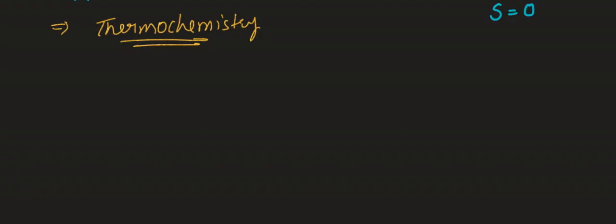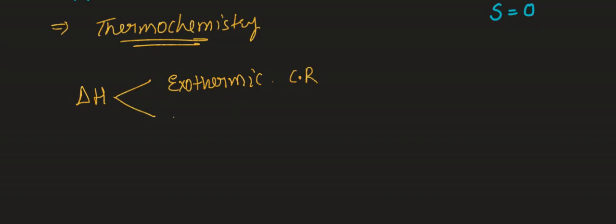Based on the delta H value, how many types of reactions do we have? Two: exothermic chemical reaction and endothermic chemical reaction. What is the meaning of exothermic chemical reaction?